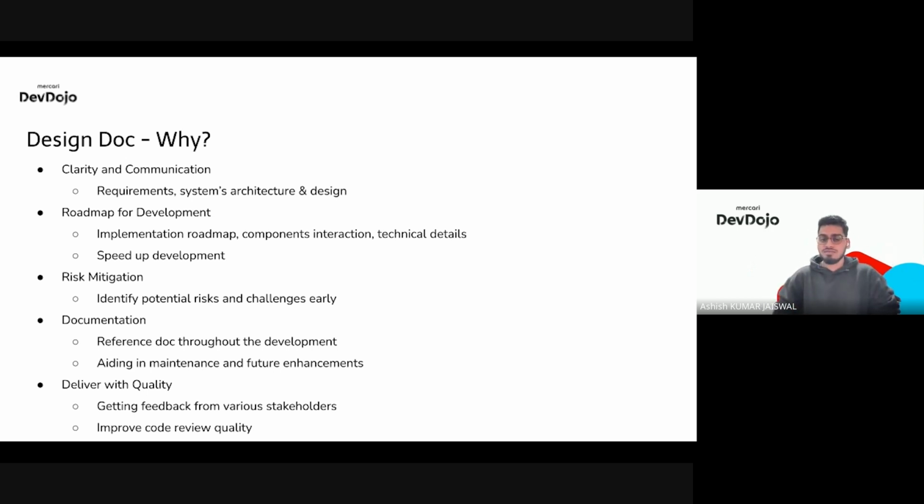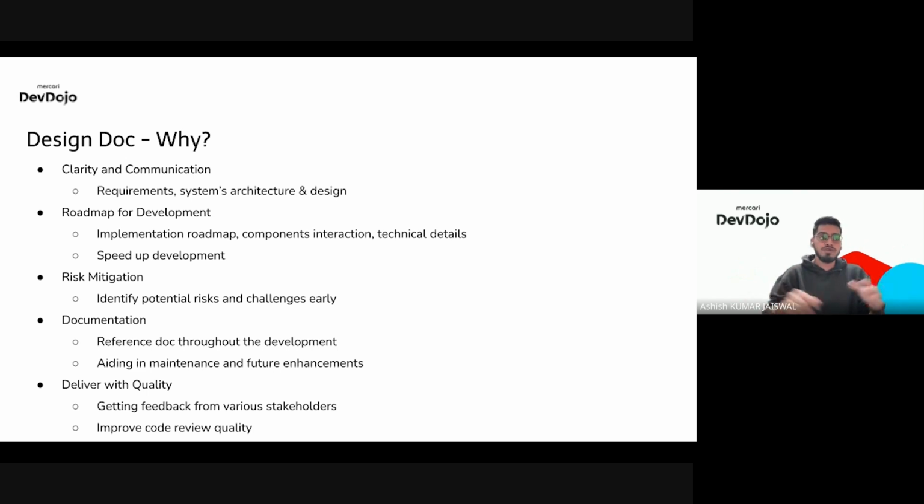Then you might face some technical issues later on. For example, if you're developing a feature and at the end of the development you realize that this is not feasible to do, that will be a big step back, because you have already developed a lot but now cannot proceed further. That's why the design doc comes into the picture, where you plan the overall development.